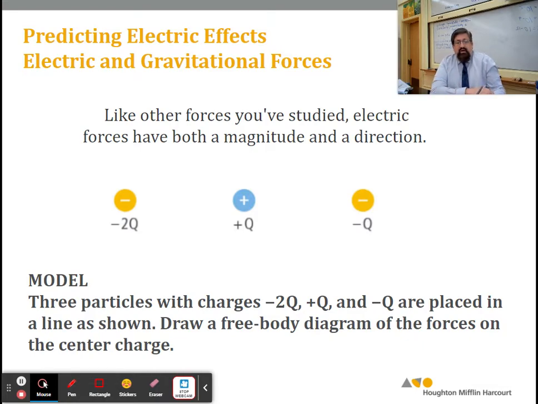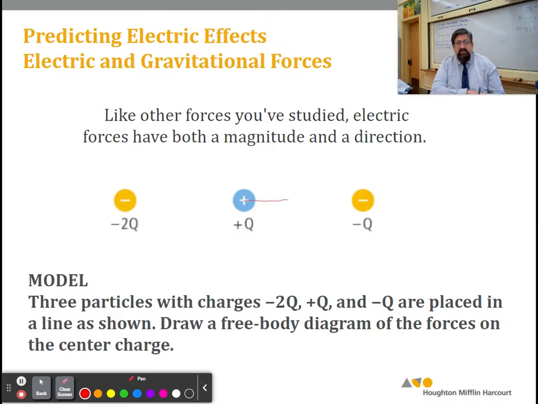So if we were to draw this free body diagram, we're going to draw a free body diagram of the forces on the center charge. So we put the tail of the arrow pointing toward the charge on the right.